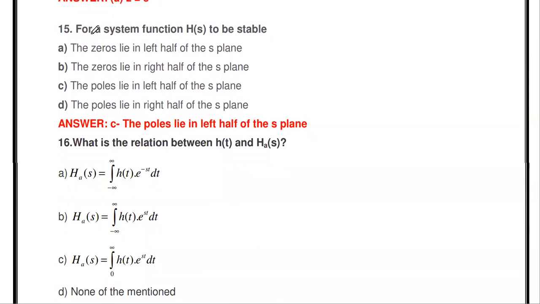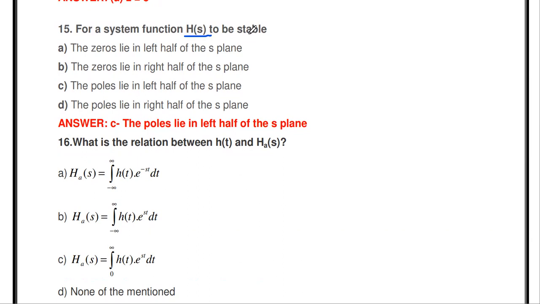Then the next one: for the system function H of s to be stable. All these questions we already studied in signals and systems. In Laplace transform, what is H of s? This is the system function or transfer function of the analog system. The Laplace transform of the impulse response small h of t is called H of s.